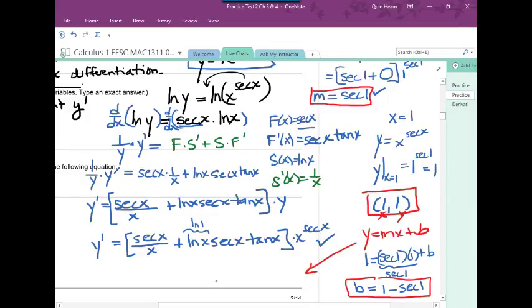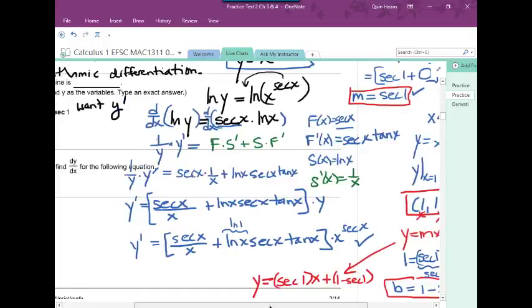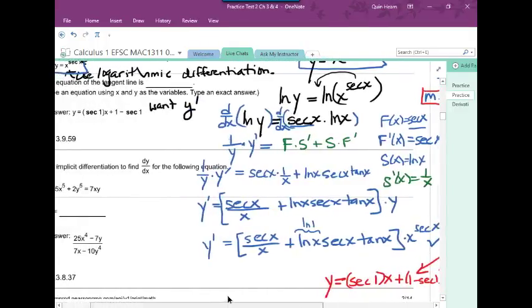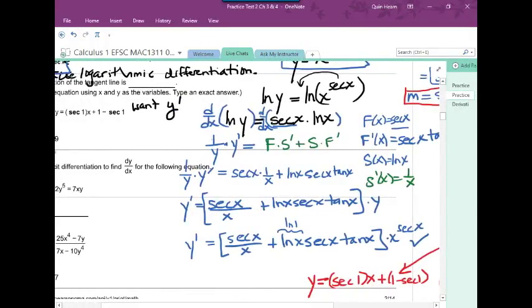Right, so y is equal to secant of 1 times x plus b, which is 1 minus secant 1. Okay, and so that's what you can see, that's what they got up here in the solution.